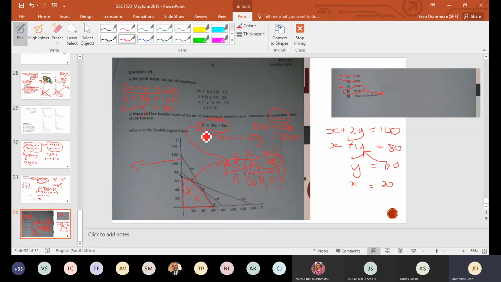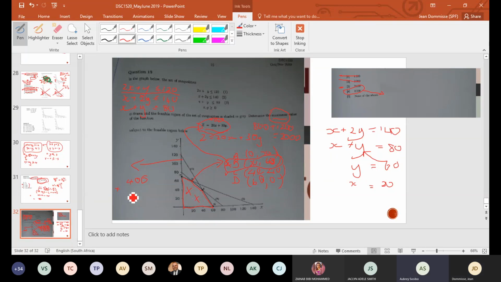So you would need to say 20 times 20 would give you 400. Sorry, that function is z equals 20x plus 50y.